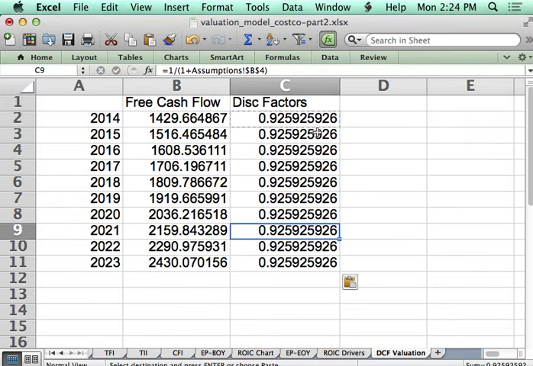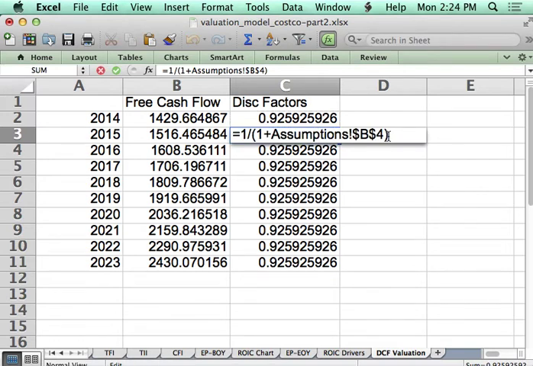Now, if I discount a cash flow in 2 years, I have to take 1 divided by (1 plus R) squared. So in this case, I need to make sure that this is squared.